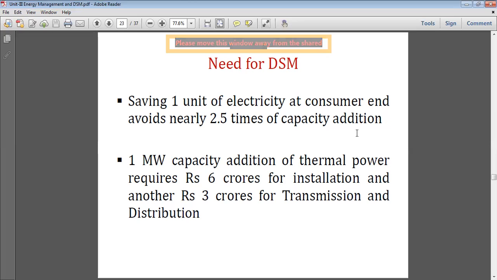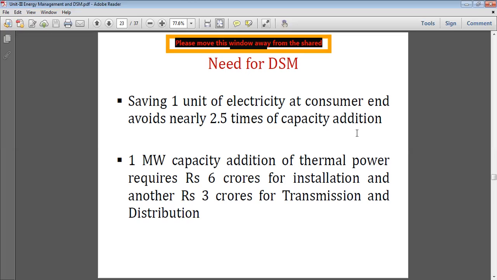So in this way, if we are doing energy conservation, demand side management, and utilizing electrical energy very effectively, we are enhancing the capacity of the power plant, and hence we are able to avoid the additional capacity, or we can postpone the installation of a power plant for 2 to 3 years.